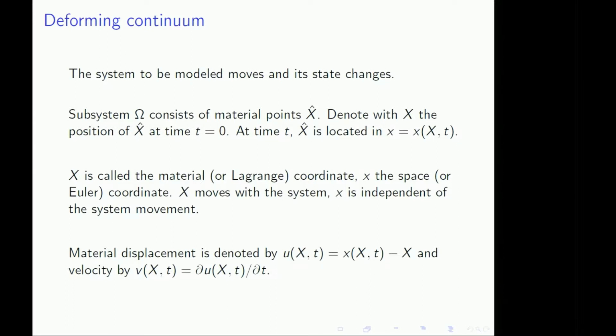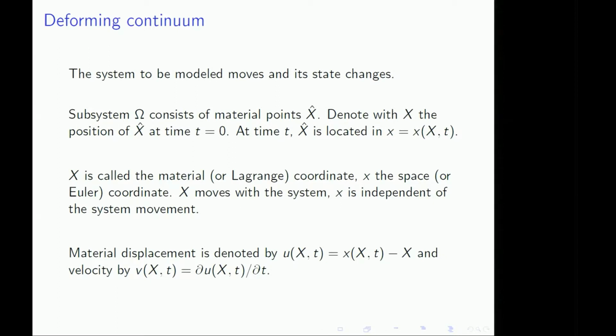As the system is moving, the individual material points are moving, and they are displaced from the original position, and the displacement is an important concept, and we will denote it by u of X and t, which is simply the difference, so the spatial vector between the point of origin and the current location.